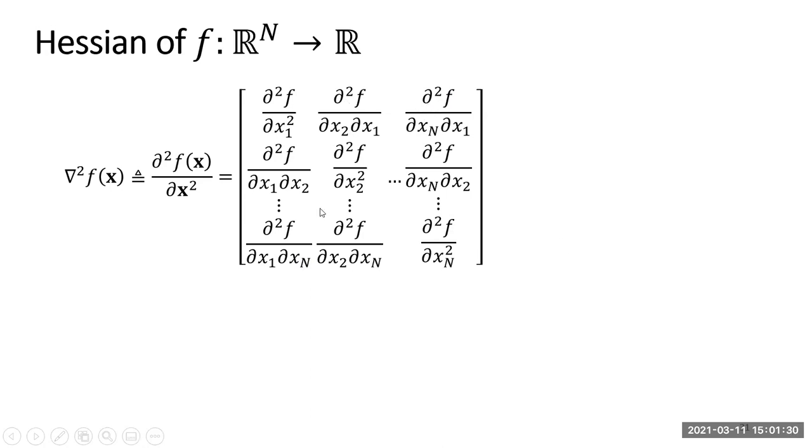And since the order of differentiation doesn't matter, del square f over partial xn partial x1 is the same as del square f over partial x1 partial xn. In other words, del square f, the Hessian, is a symmetric matrix.